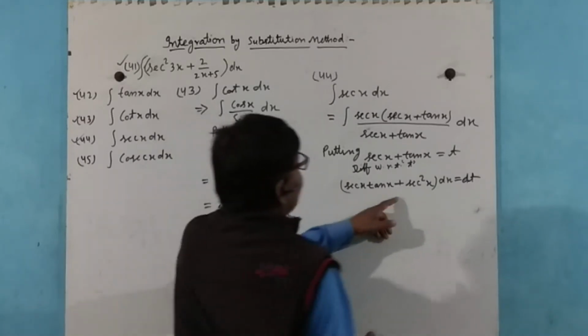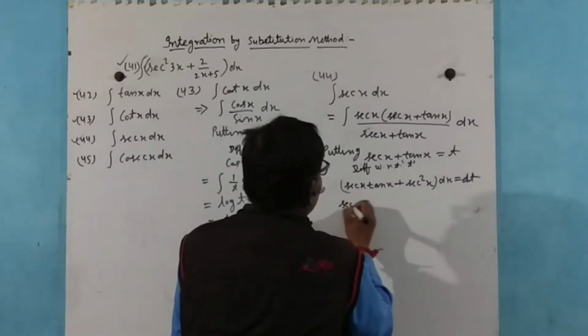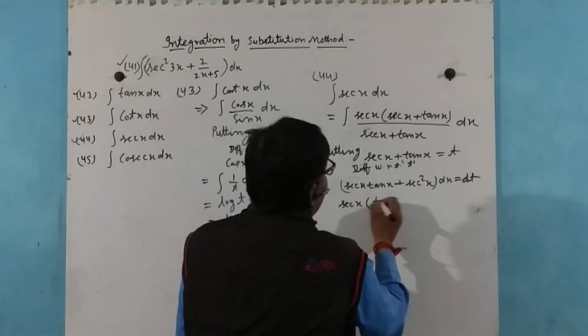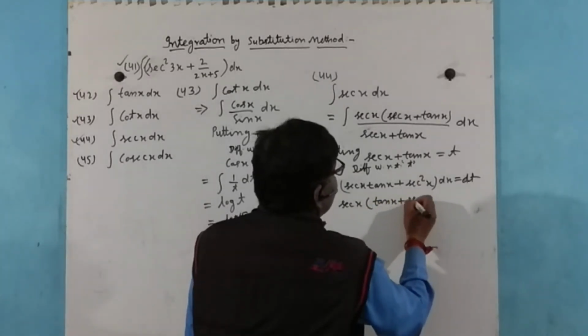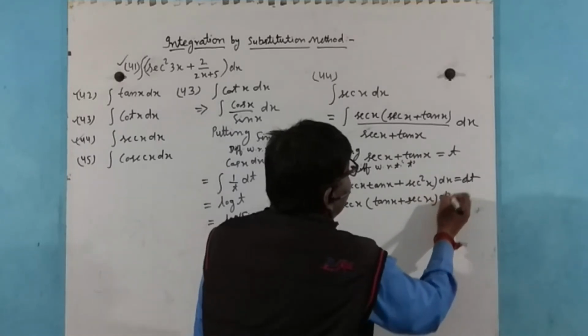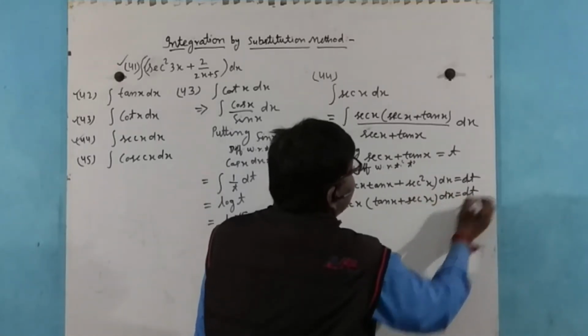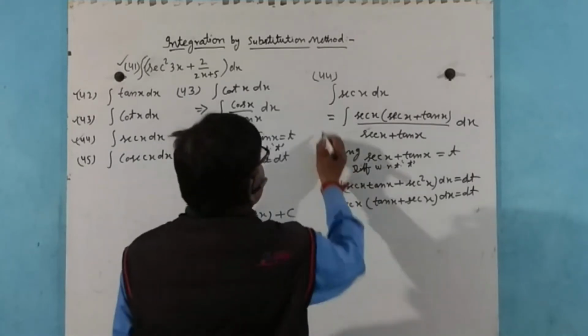Now we take the common sec x: sec x tan x plus sec x dx equal to dt.